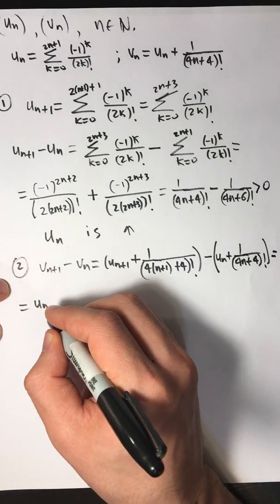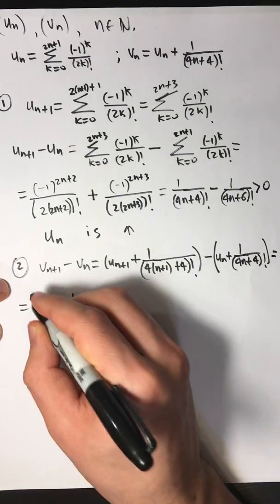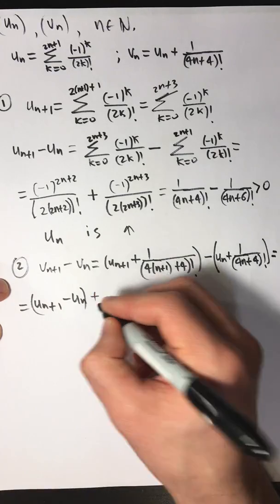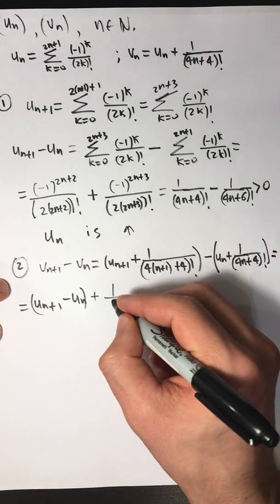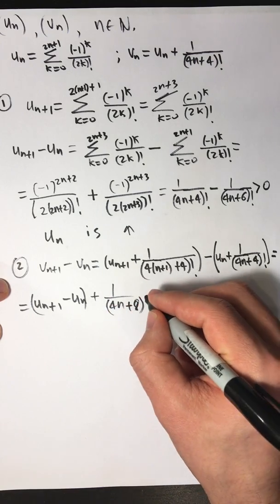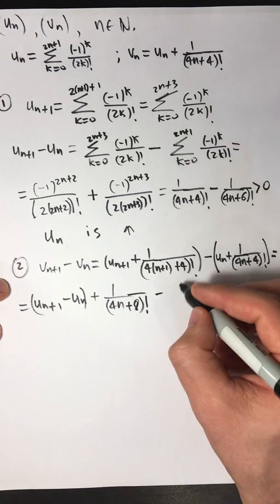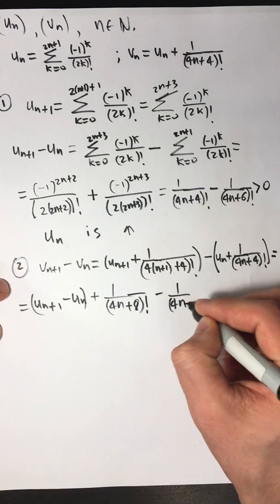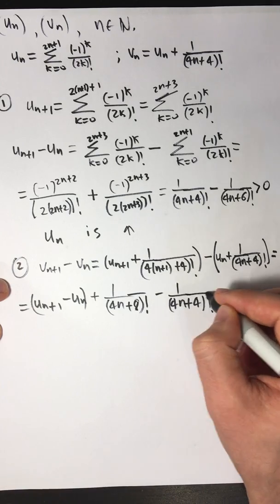This is equal to Un plus 1 minus Un plus 1 over 4n plus 8 factorial, minus 1 over 4n plus 4 factorial.